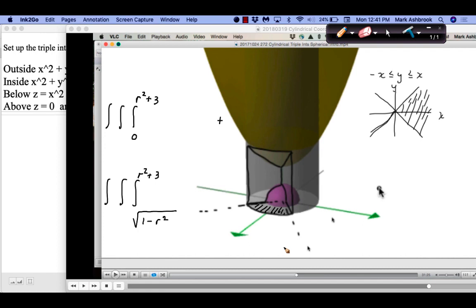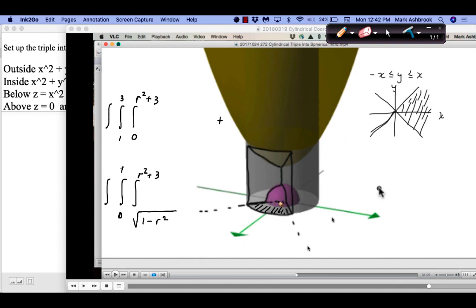So r goes from 1 to 3. And then when you're going from the sphere up, 0 to 1 is your r values. So we're looking at the projection into the xy plane to do the outside double integral.